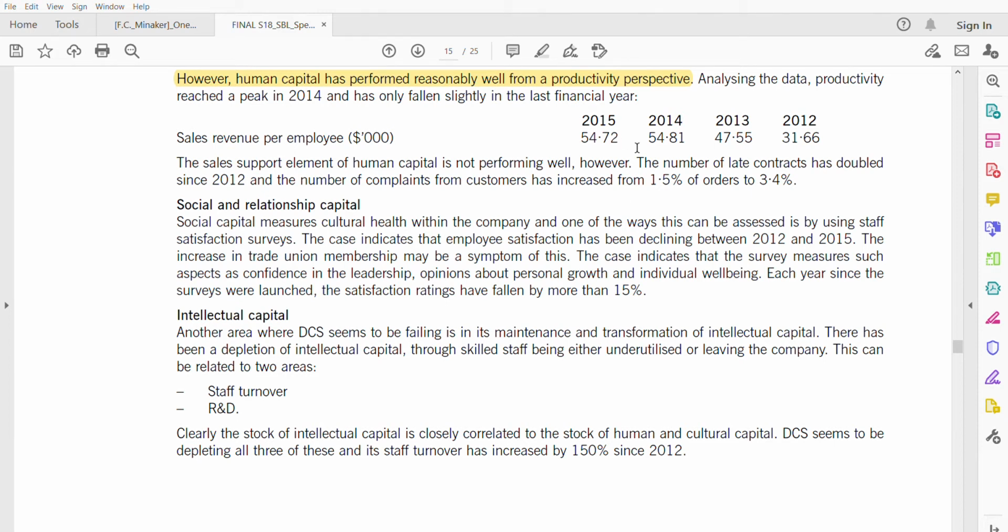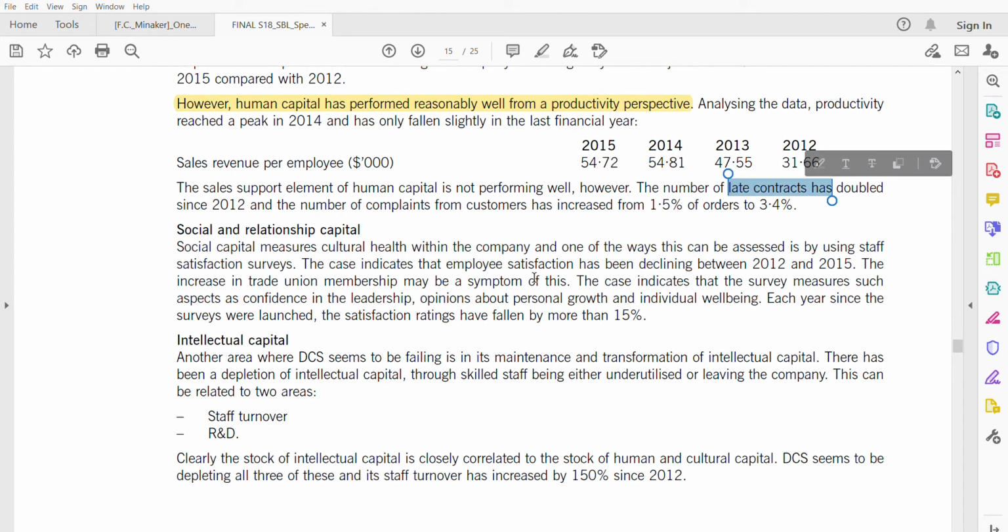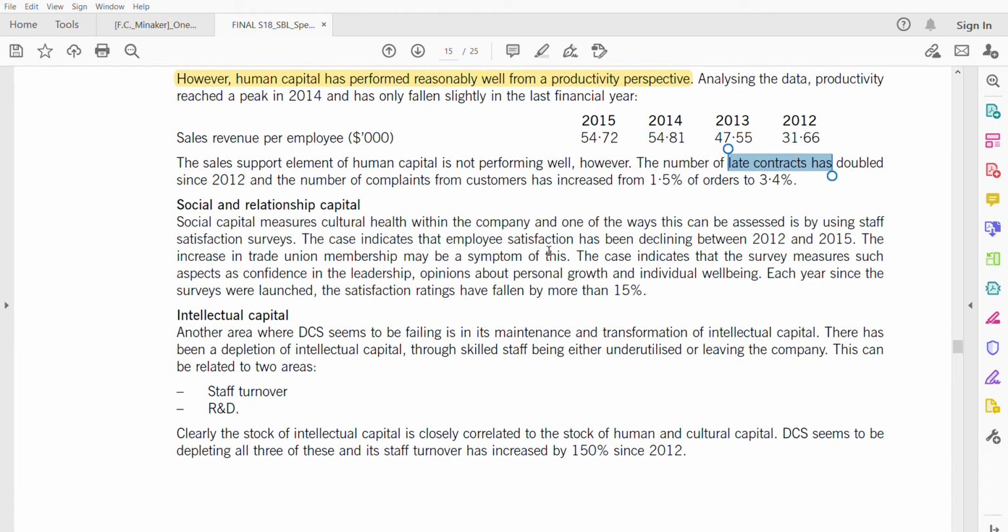That's how you're linking the customer complaints from customer orders with the human capital. Human capital is not only about whether staff are performing well. You also have to take it from different perspectives: customer complaints, the late contracts. All this they have taken from Exhibit 3. Under other information, you will go and check.